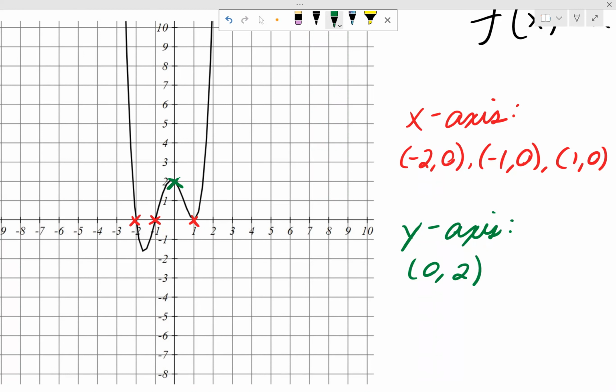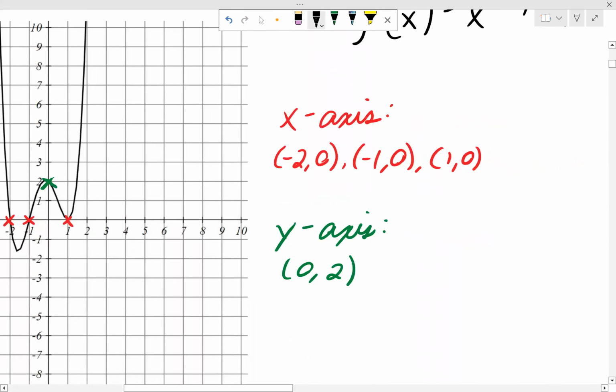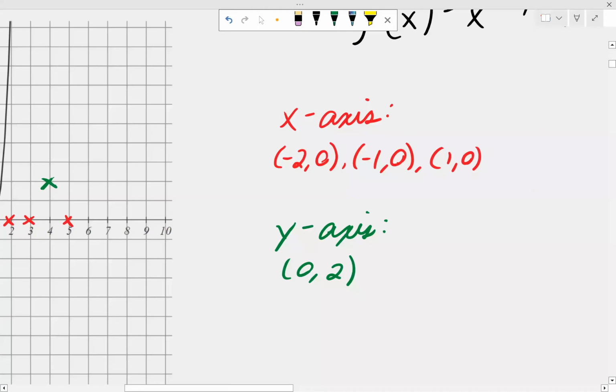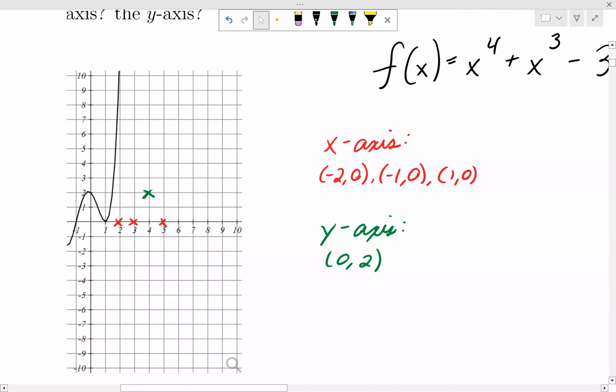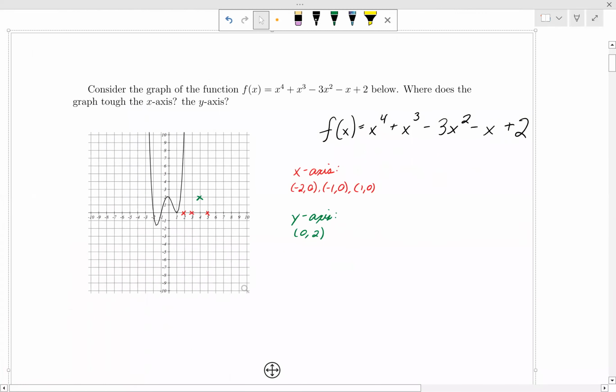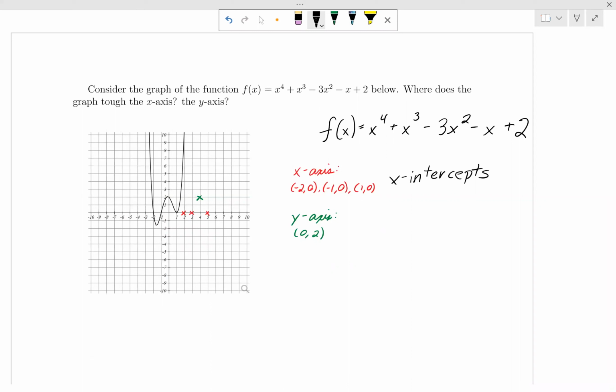So one thing to note real quick about these is that where it crosses the x-axis, these are called x-intercepts. I think I accidentally moved my page a little bit. That's fine. These are called x-intercepts. And where it crosses the y-axis is called a y-intercept.